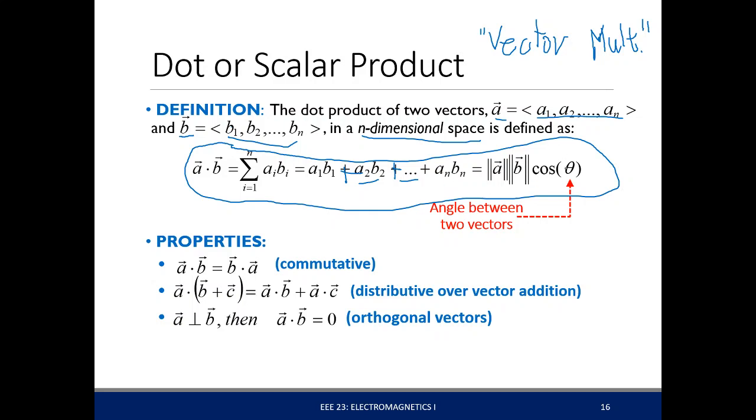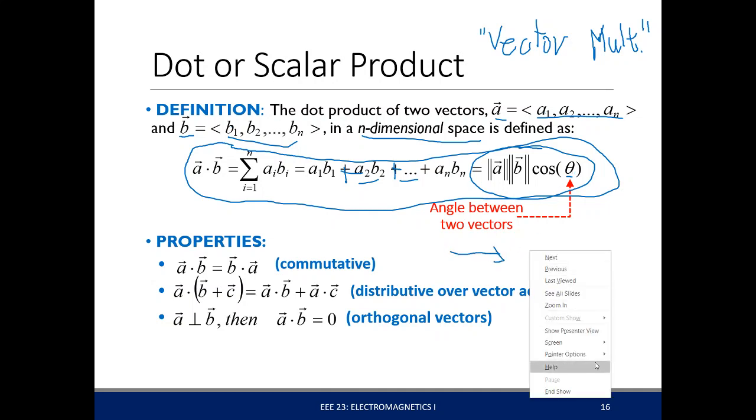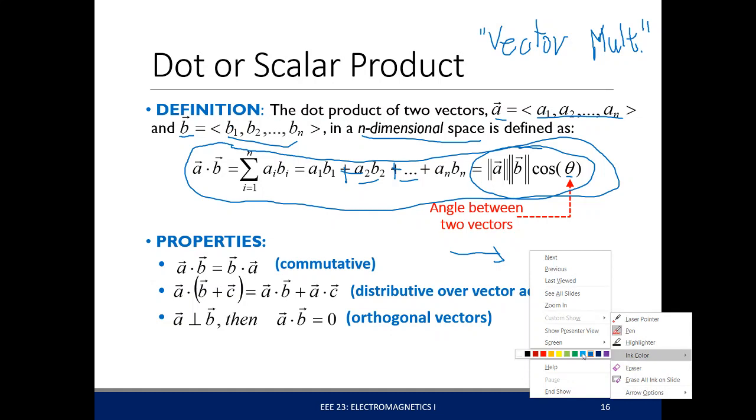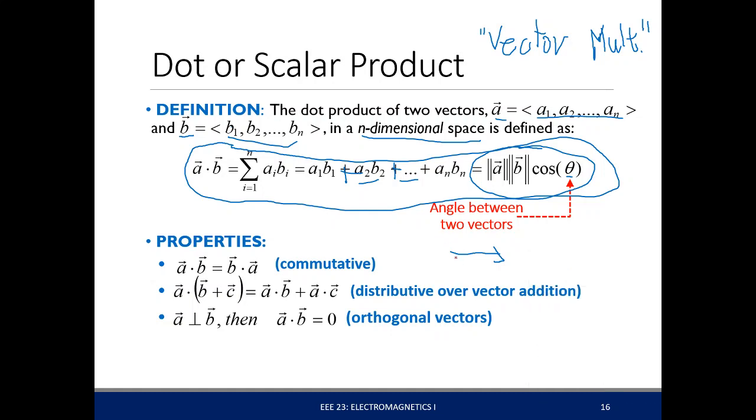And it's related to the norms of A and B by this equation, where theta is the angle between the two vectors. The maximum value of your dot product is when theta is equal to 0. What does that mean? When your two vectors are aligned with each other.